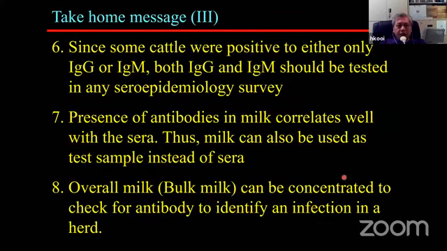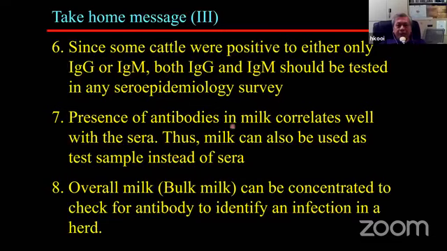So when you do a serological survey, whether it is Neospora or virus or even bacteria, you need to look at both IgG and IgM, because certain cattle only show IgG, certain cattle only show IgM. Maybe it's a different period of being infected.